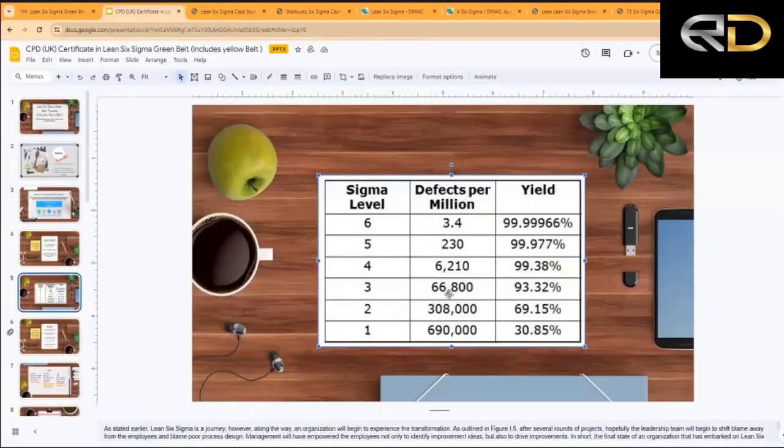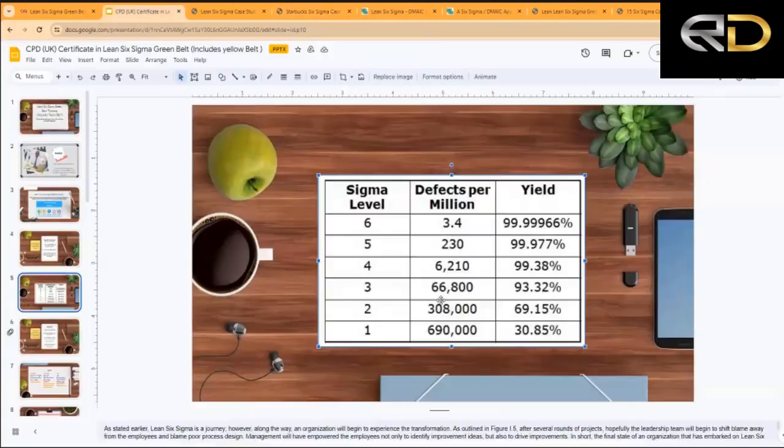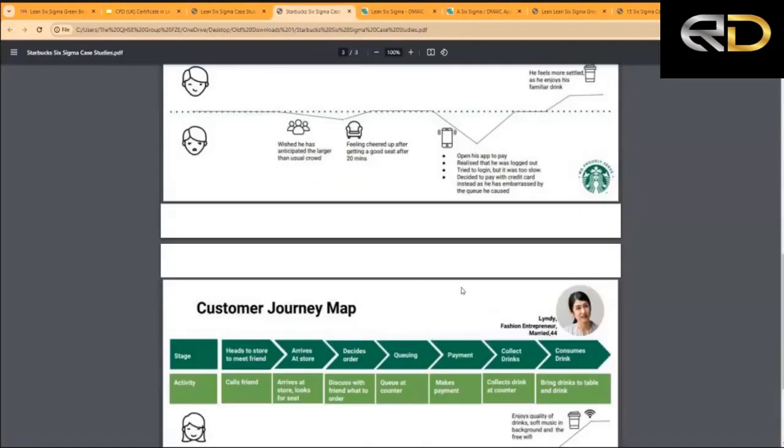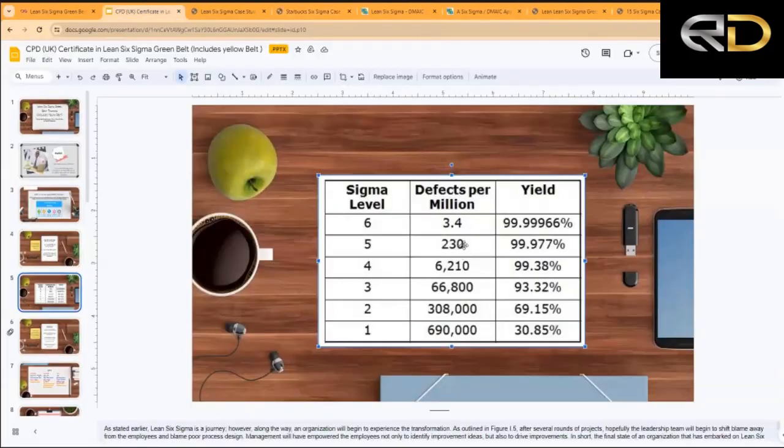It means that 66,800 mistakes or 66,800 dips right here are going to happen per every 1,000,000 people who are going to attend. You understand? And then if it is sigma level 5, let's say this one right here, it means that for every 1,000,000 people who come to this Starbucks location, these dips behind this dotted line are going to happen 230 times.